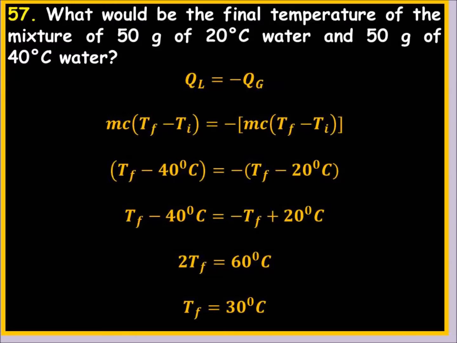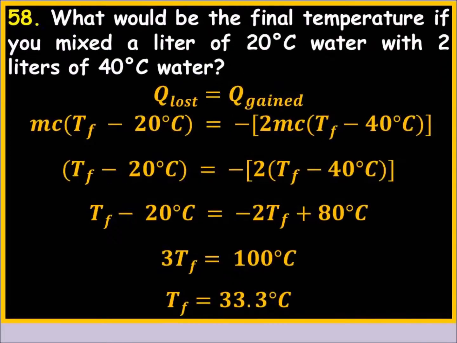The MC cancels, and you're left with T final minus 40 equals the additive inverse of T final minus 20, and then T final is going to be 30. So kind of a cool problem. Just understand that the masses and the specific heat capacities will cancel out, which makes the problem a little easier to do.